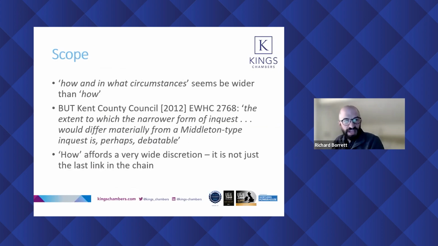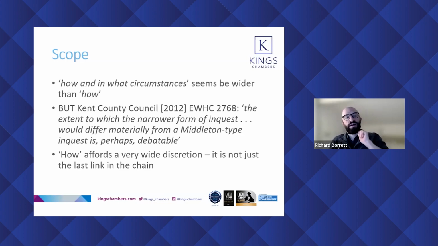Kent County Council, though, says the extent to which the scope would differ is perhaps debatable, because generally speaking, coroners will investigate all matters which directly relate to the death. So in the ambulance example I gave, if there was a systems failure which led to a death, then that system would be investigated by the coroner, most probably, even in a non-Article 2 case.